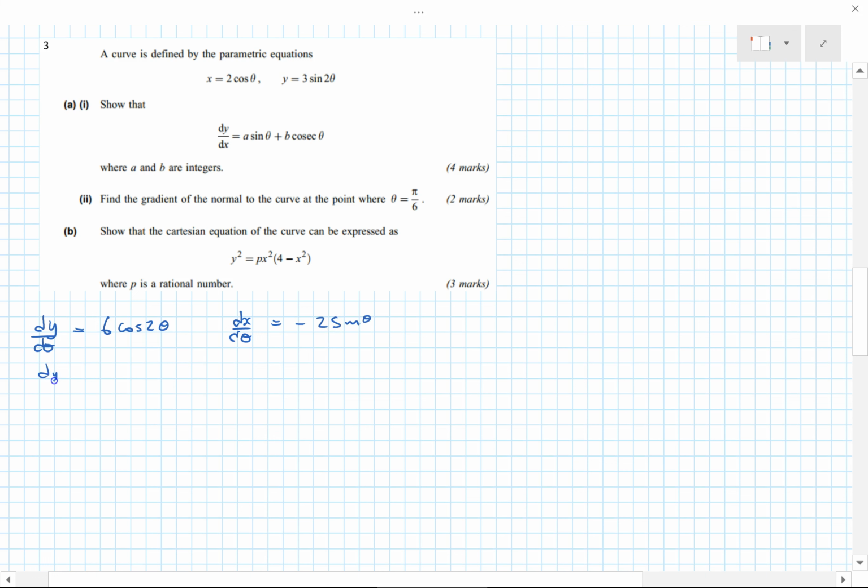So dy by dx is equal to dy by d theta over dx by d theta, which is equal to 6 cos 2 theta over minus 2 sine theta.